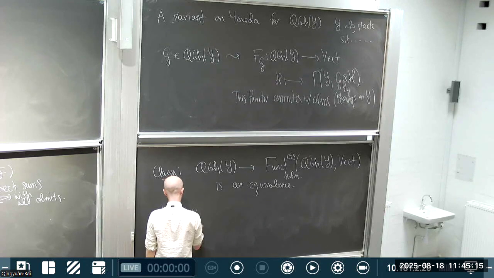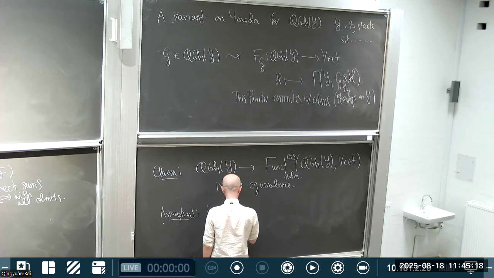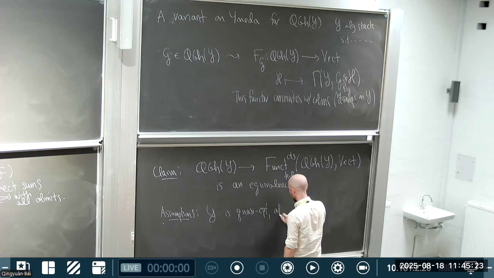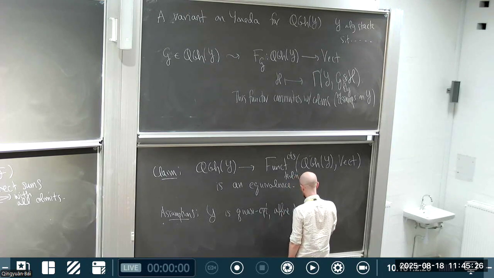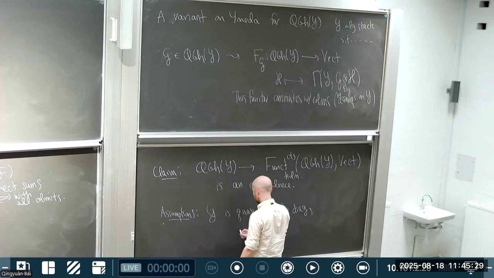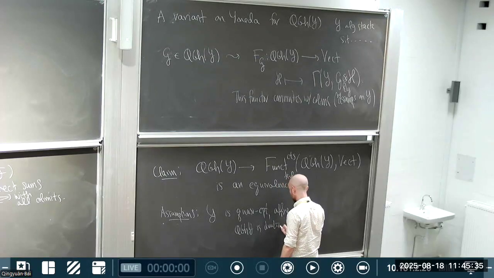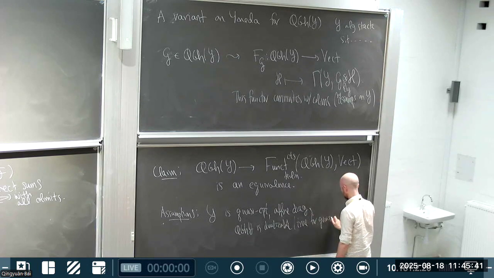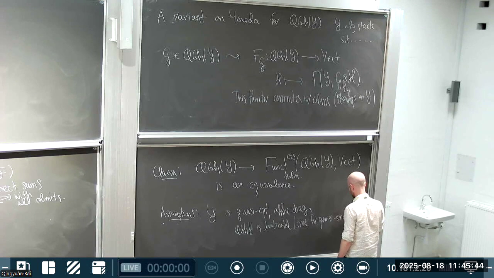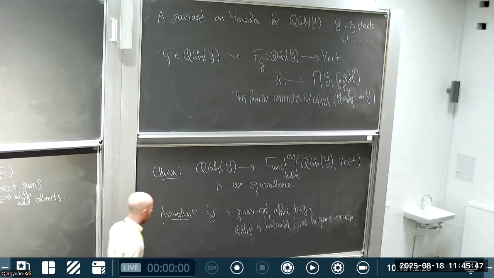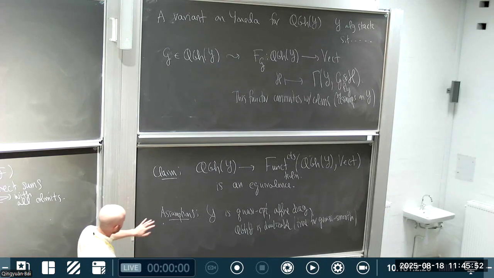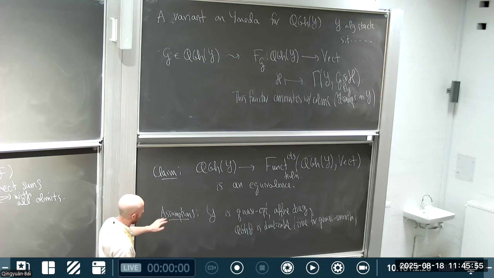Y should be quasi-compact, it should have affine diagonal, and we need a very mild condition like QCoh of Y is dualizable. There are some technical hypotheses on Y, very mild, absolutely true for ellipsis.